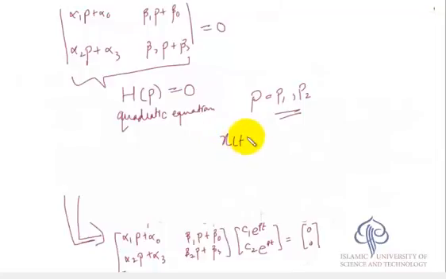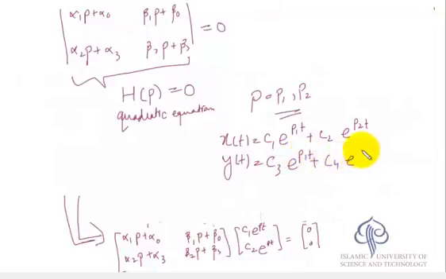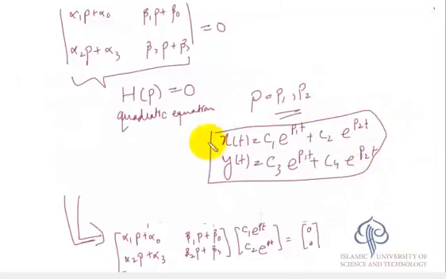So your xt will be c1 e to the power p1t plus c2 e to the power p2t, and your yt is going to be c3 e to the power p1t plus c4 e to the power p2t, and this is going to be your solution to the question.